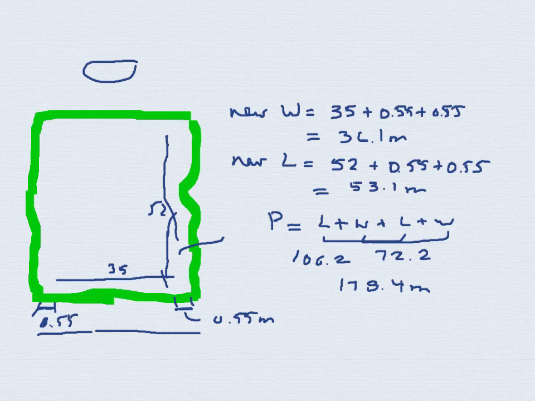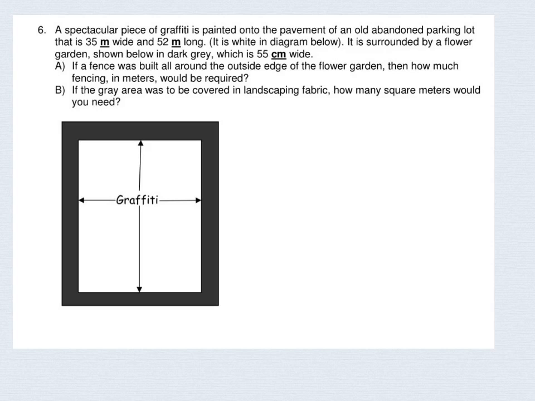Now, to do the area on the inside, or the area shaded between two figures, you could potentially cut it up into a bunch of rectangles. But in fact, the easiest way to do this is to find the area of the whole figure, which would be the new width of 36.1 and the new length 53.1.